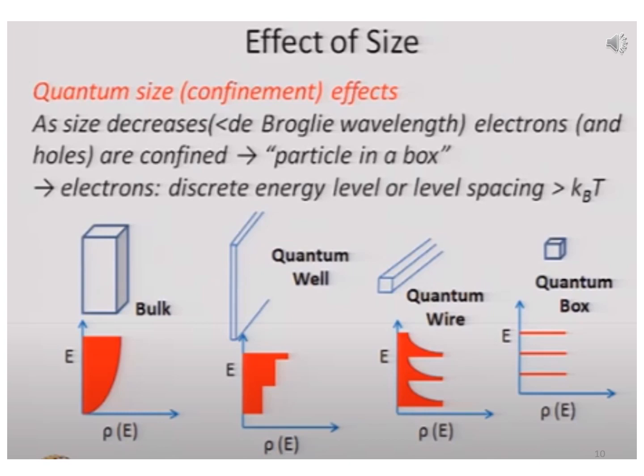In bulk it changes continuously, whereas in a quantum well the density of states is constant over an energy range, then suddenly changes and again becomes constant for another energy level. Here you can see at the first step it suddenly changes and then becomes constant, then again it suddenly rises and becomes constant for the second step, and the same happens for the other steps.